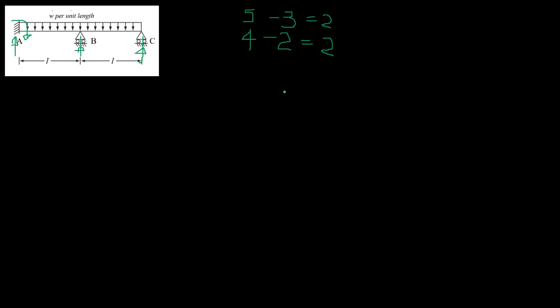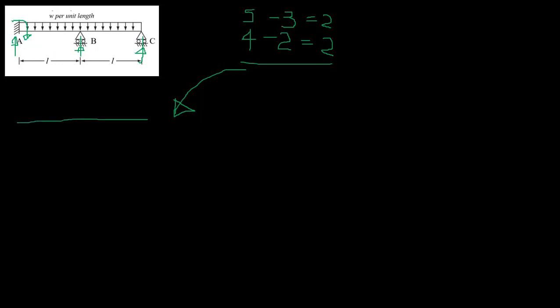So the problem is how we are going to reduce this. There are many ways you can remove redundants. You remove two redundants, either MA and BB, or other combinations, but be careful that the remaining structure is stable. Okay, so let's say you remove MA and BB.